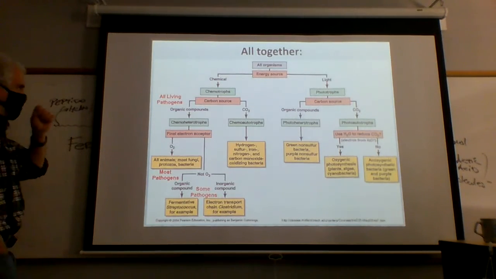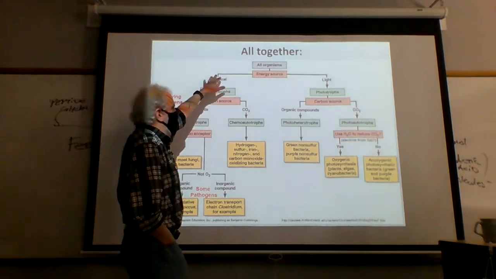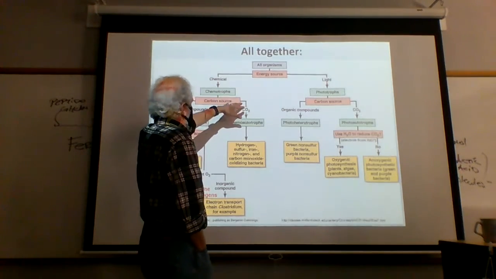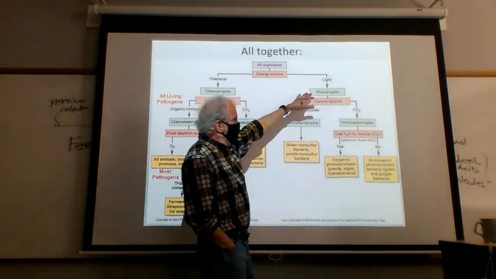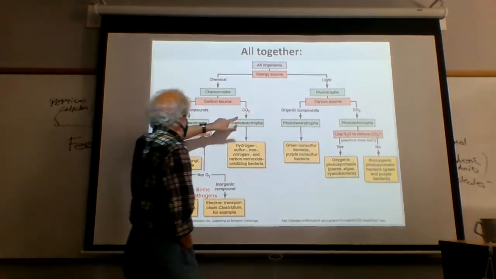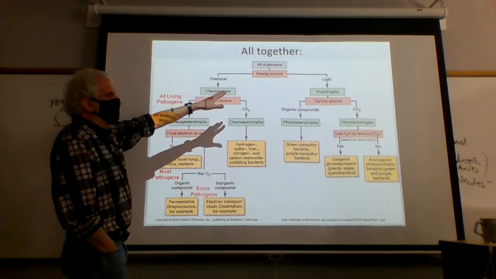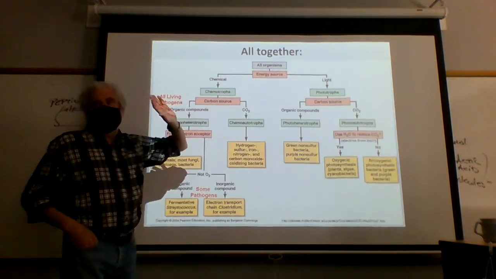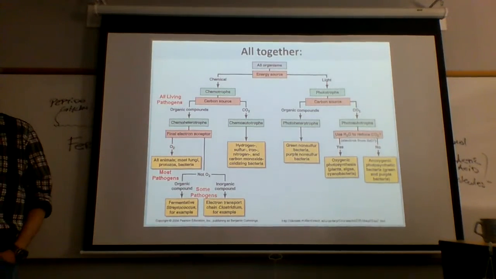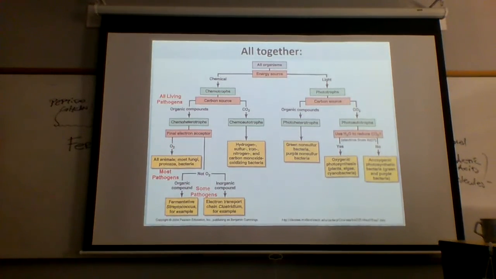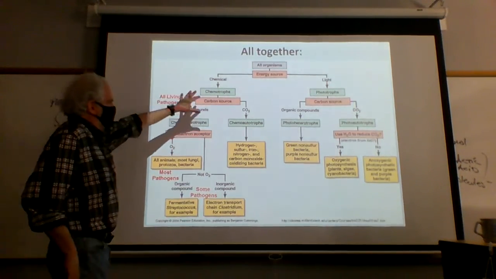So we've got all organisms using chemical energy. You could use light. On the other hand, there are no pathogenic organisms that are using light, so we don't have to worry about those guys, happily. Let's just stick to this side.